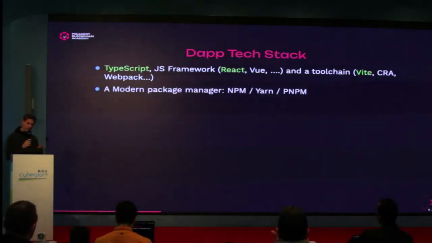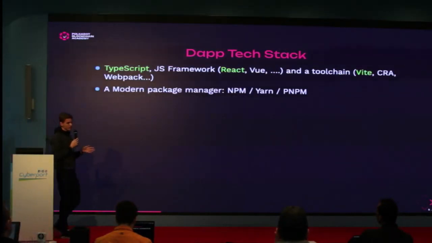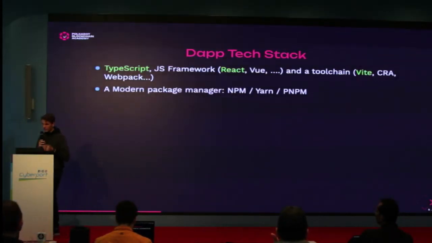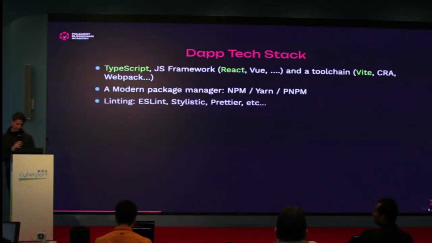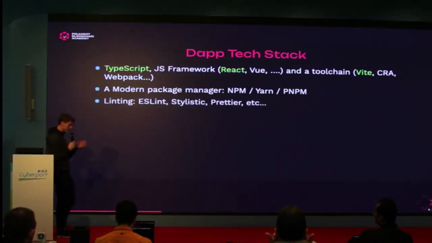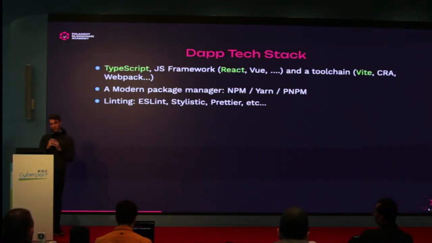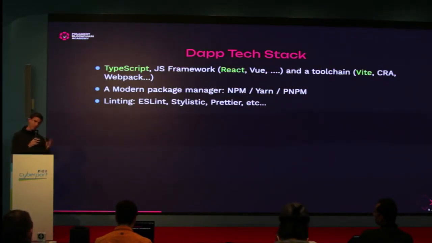We rely on package managers. In the Rust space, we rely on Cargo, but in the JavaScript world, NPM, Yarn, PNPM. Linting to maintain consistent conventions across the code base is important as well. Again, cargo fmt on the pallet side. We use things like ESLint on the JavaScript side.